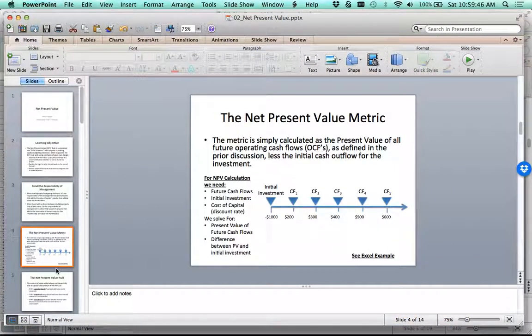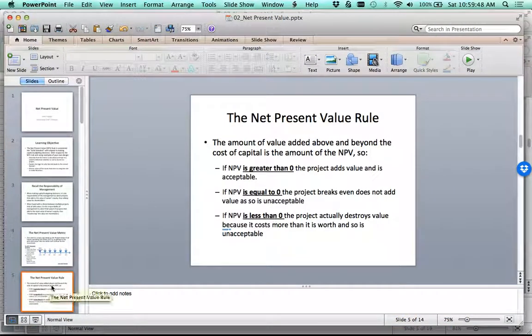All right. So once we've gotten those values, now we have to apply our rule. The rule for net present value is pretty straightforward. The amount of value that your project adds above and beyond the cost of capital is equal to this net present value calculation that you did.